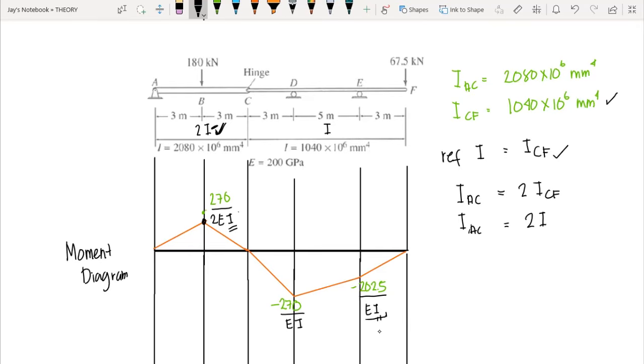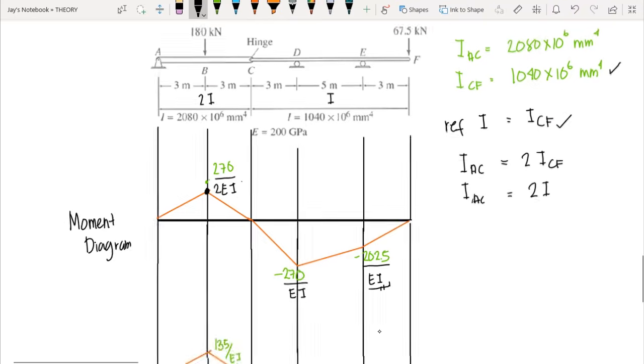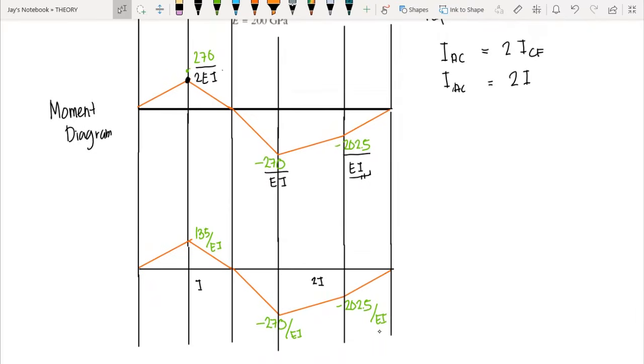And our point B here is on member AC. Again, the moment of inertia of AC is twice that of ICF. Thus, we have 2 times the flexural rigidity in the denominator. So therefore, we have to make this beam a uniform cross-section by dividing 270 by 2.